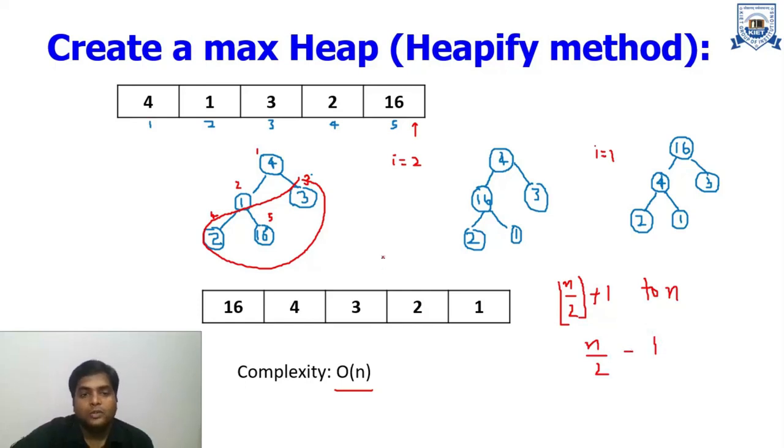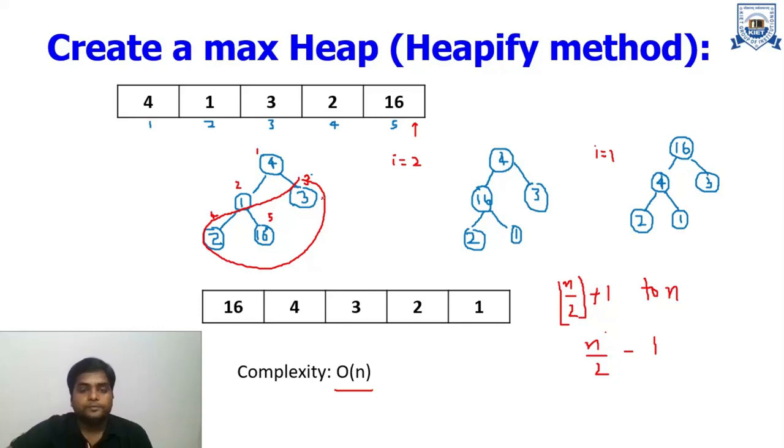Here we have 5 nodes, and the value of 5 by 2 is 2. We start from index 2, then decrease the index until we reach the root node. In this way we decrease the complexity of maximum heap creation.